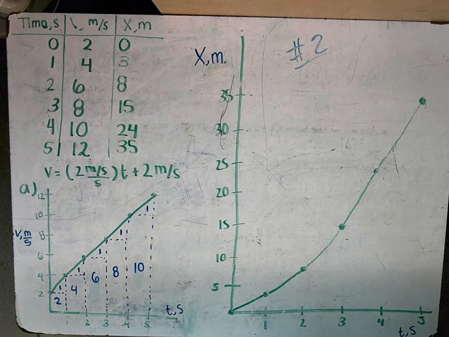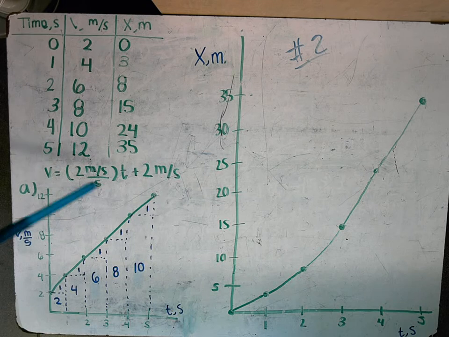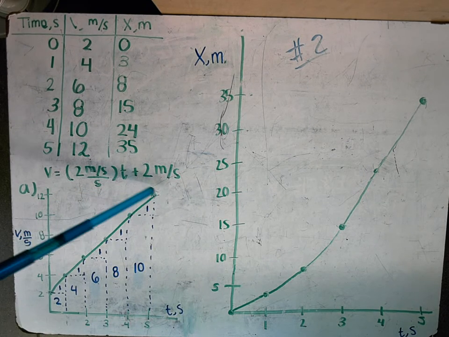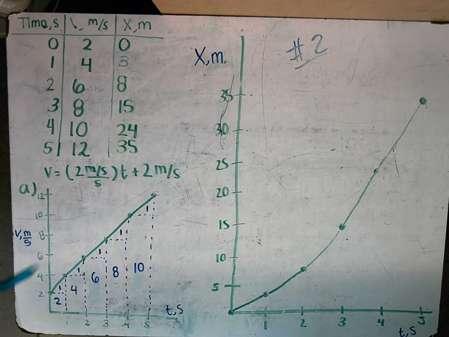Okay, that makes sense to everybody? That is our slope. Our horizontal axis represents time. And when time is equal to 0, our starting velocity is 2 meters per second. So there you go. There's the mathematical model for velocity as a function of time.